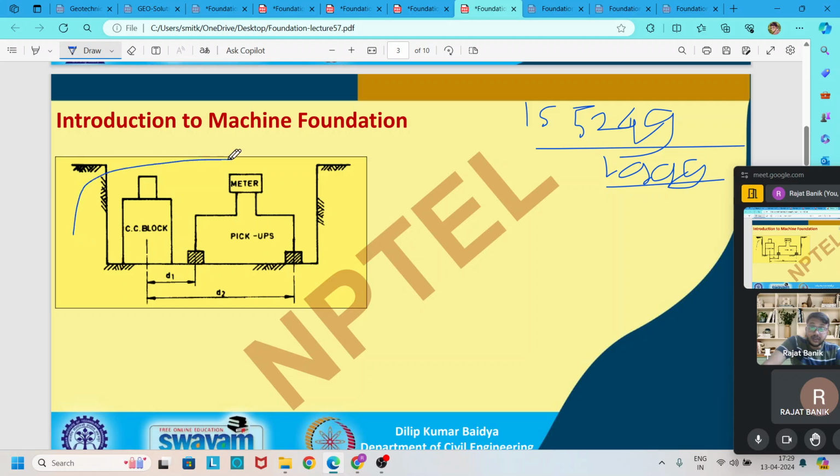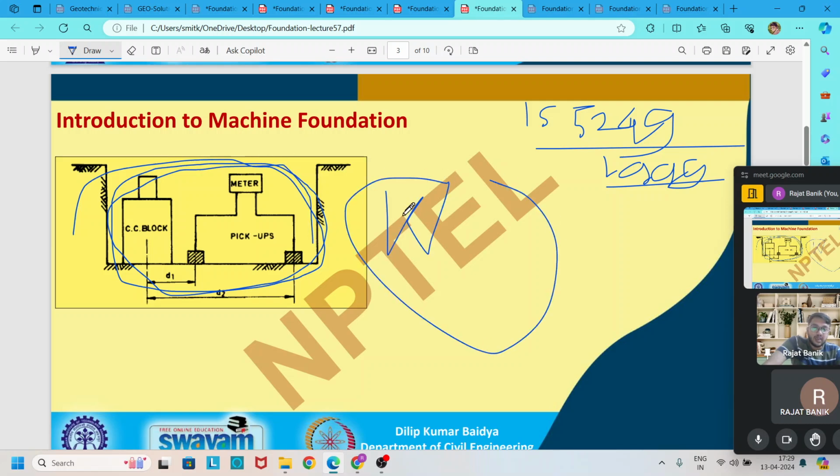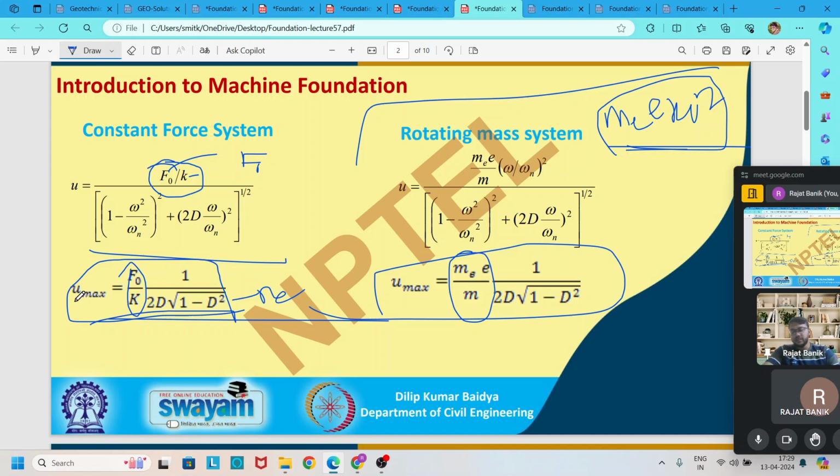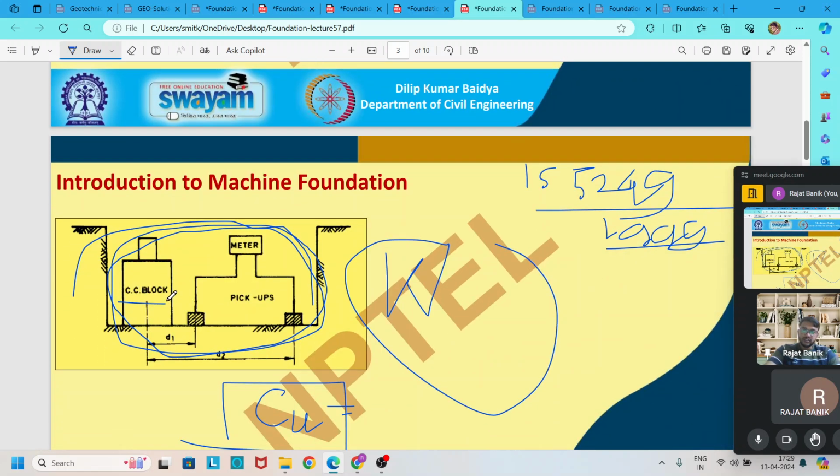By this arrangement, actually this is a test where we find out the stiffness of the system K. Before finding the stiffness of the system, we use one term, that is the coefficient of elastic uniform compression, and this coefficient we find out by this test, where we use a similar type of setup for the machine foundation, with some concrete blocks.